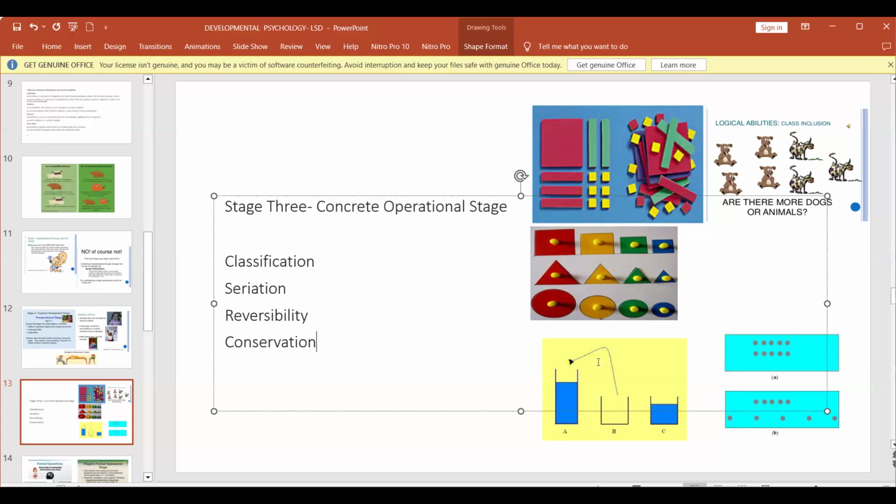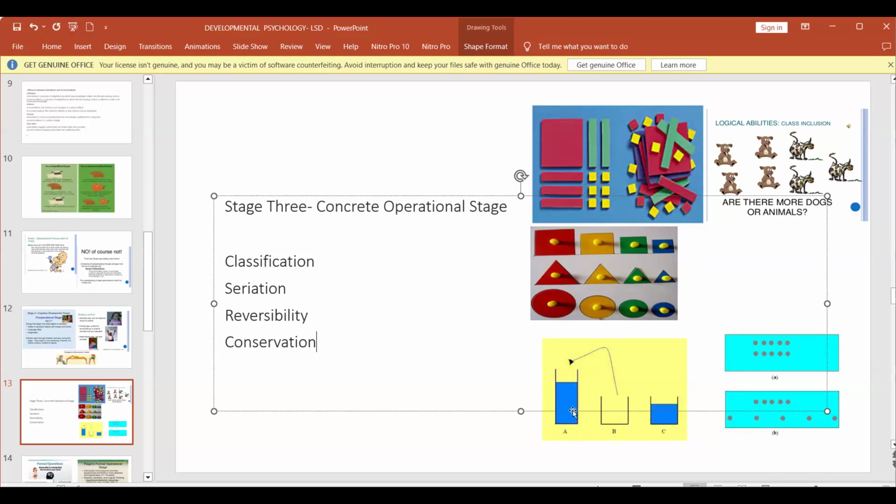A is not of the same shape. It is a tall and thin glass, right? When you pour water from B into A, it looks like this, but it is the same amount of water.